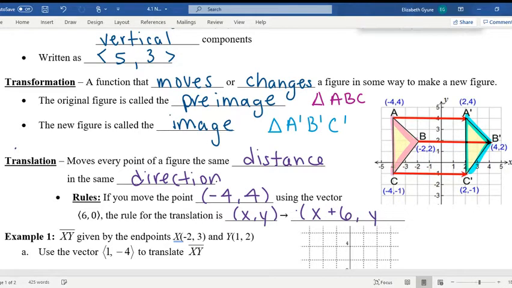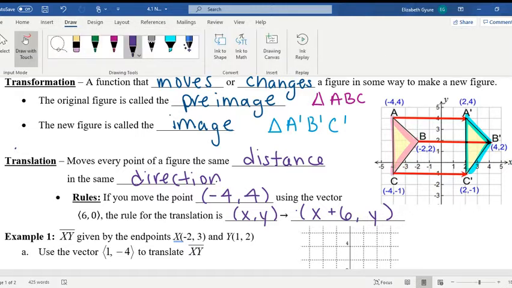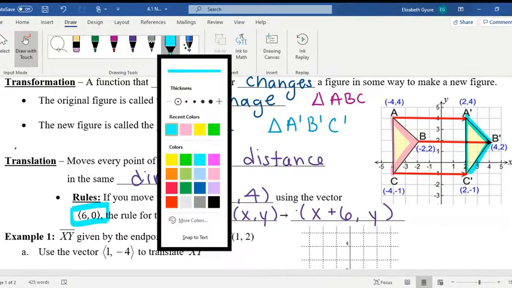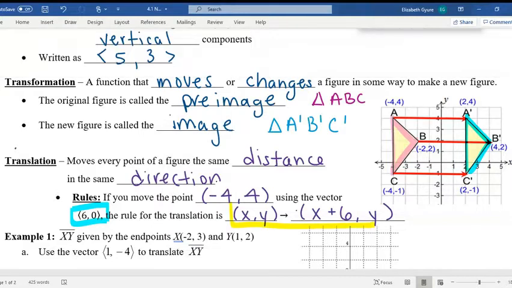And then did I move my y part at all? Like, did it go up or down at all? No, so y actually stays the same. So this is just an alternative way to write it. Okay, so these two things here mean the same thing. This is a vector. That's a vector 6, 0. That means move it right 6, not up or down at all. This is a rule.